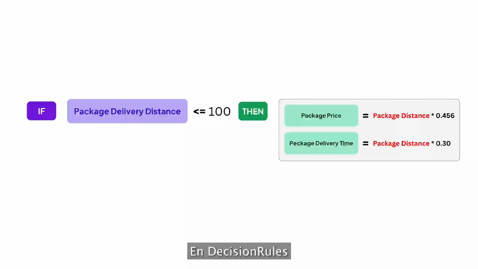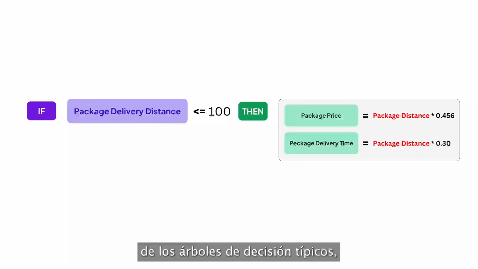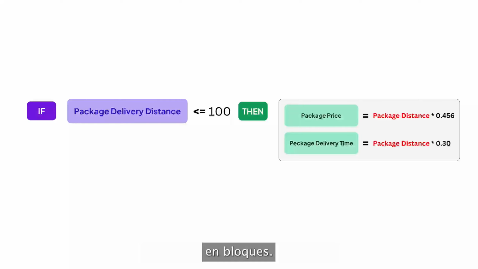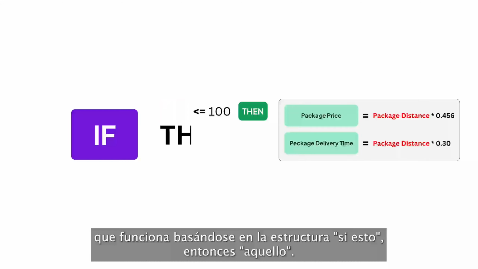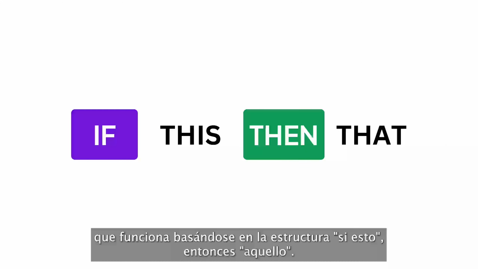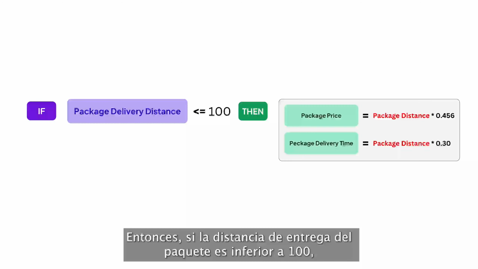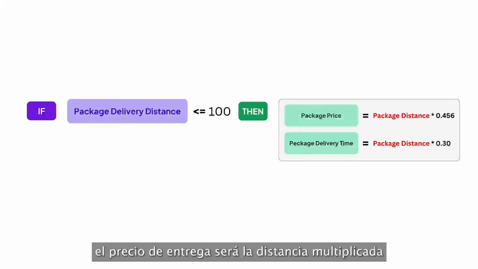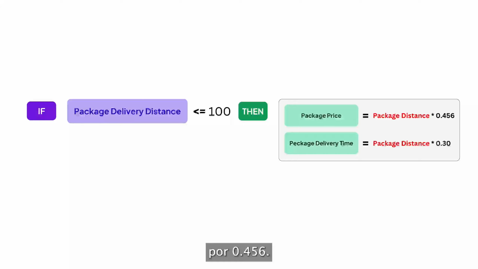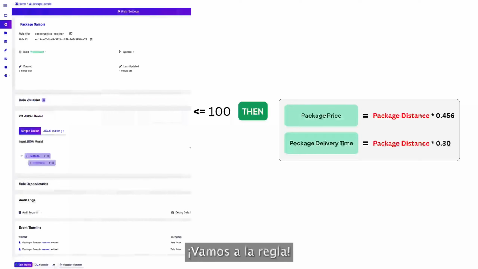In DecisionRules, the decision trees works exactly like that, with a small difference that it puts the branches that you know from typical decision trees into blocks, meaning that it works based on if this, then that structure. So if the package delivery distance will be below 100, the delivery price will be the distance multiplied by 0.456. So let's go into the rule.